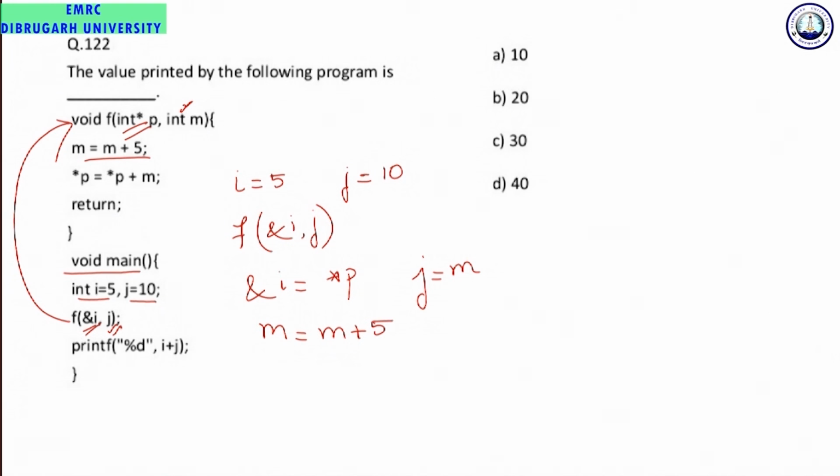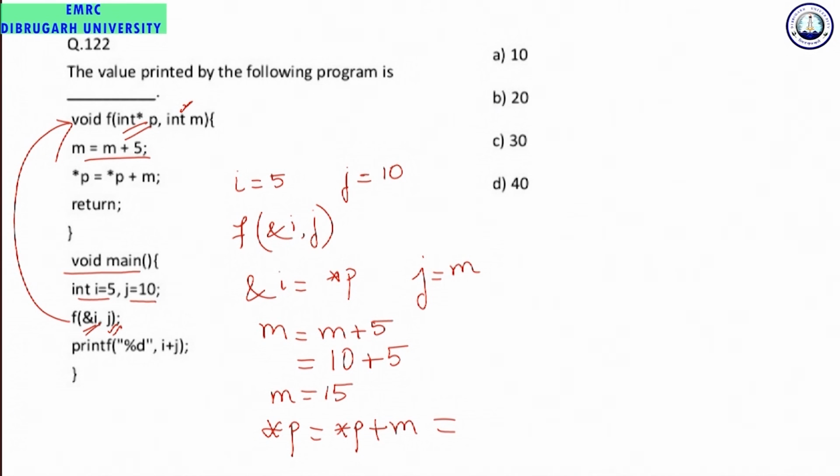So what is your m? That is j is equal to m, your m is 10. So 10 plus 5, it is 15. So the value of m is equal to 15, then pointer p is equal to pointer p plus m.